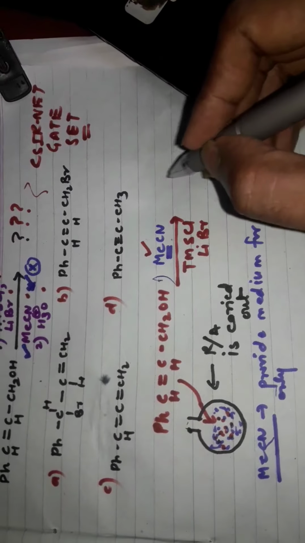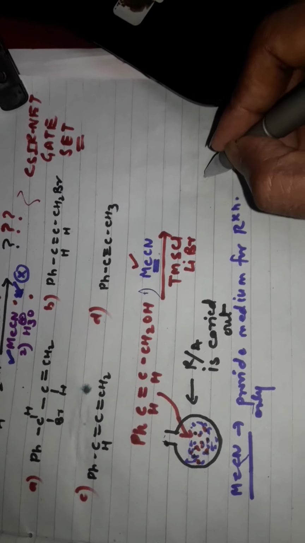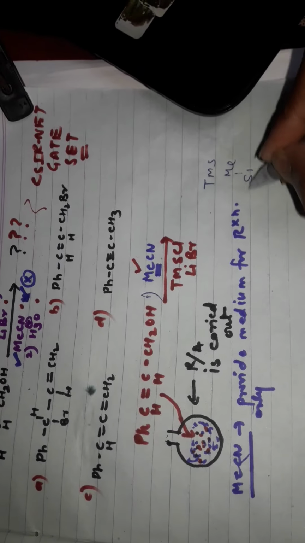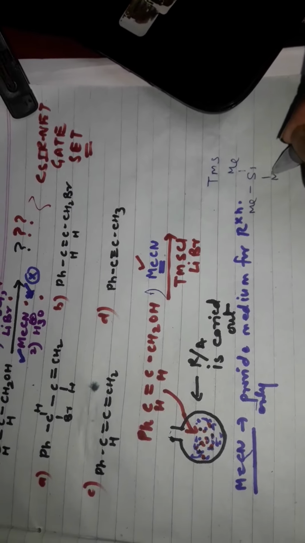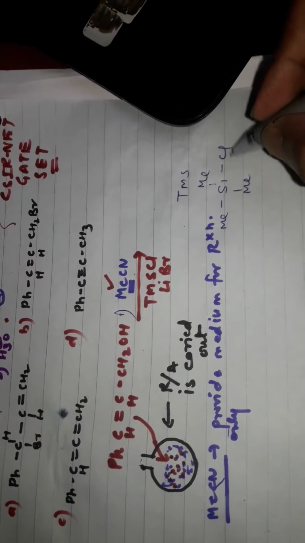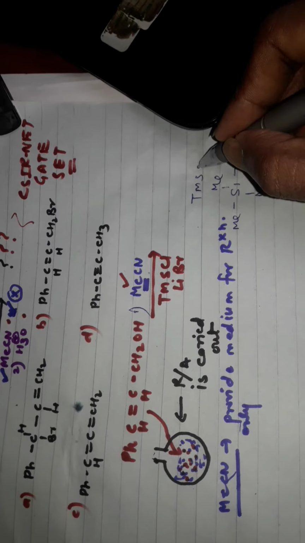What is TMS? Trimethylsilyl. TMS chloride is trimethylsilyl chloride. What is it used for?